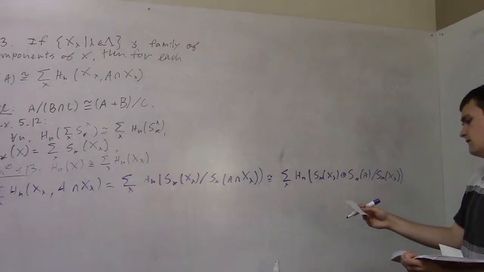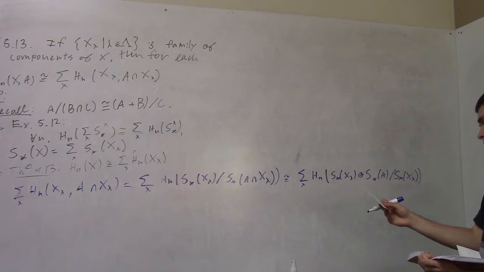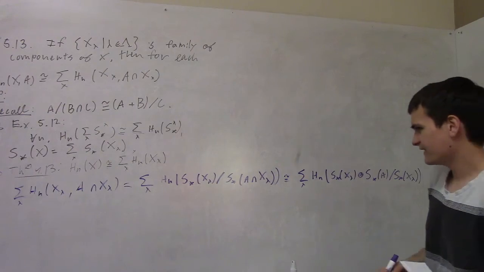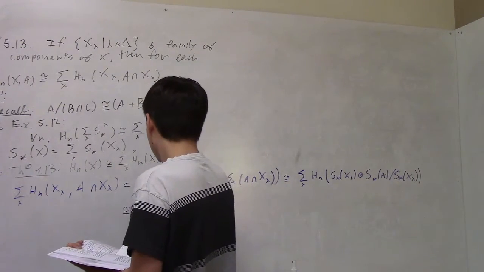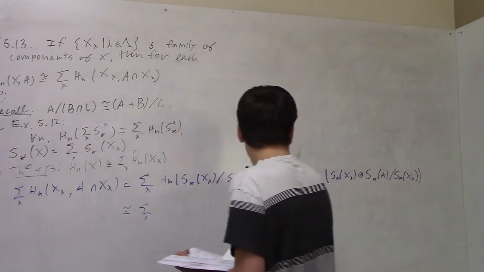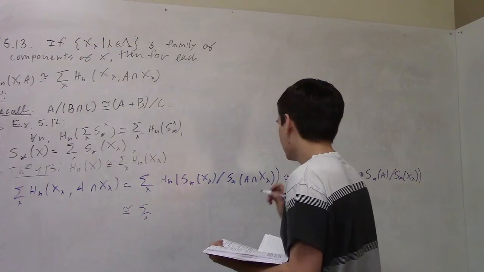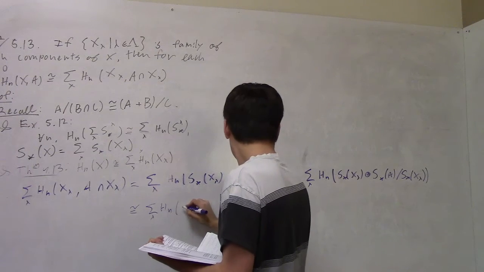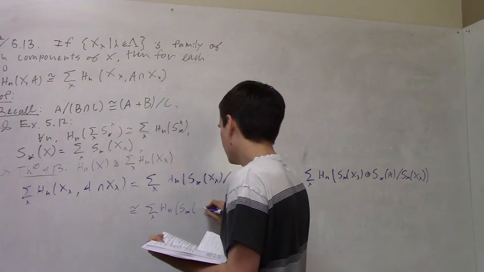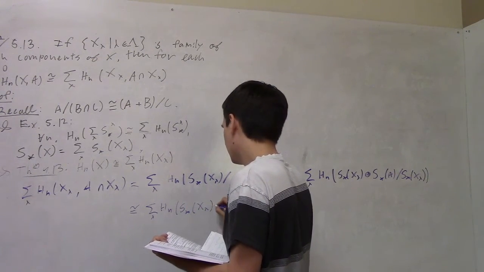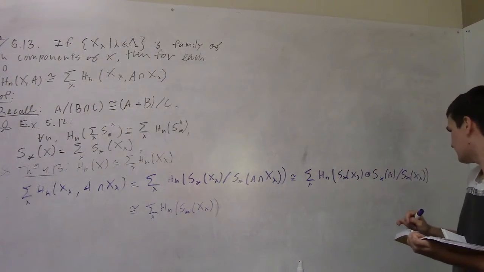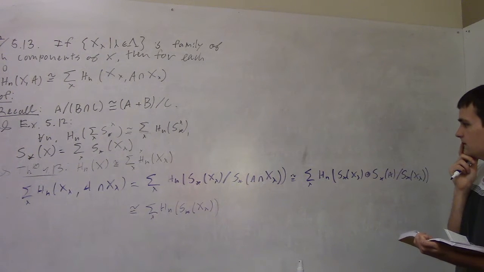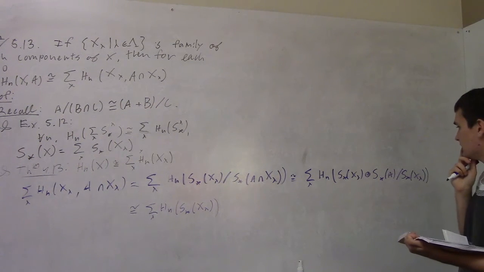Let's see here. And I guess you could argue that that's isomorphic to just, I might be missing something here, path components, right? Because, no wait, that's not right. I'm not sure yet. That wouldn't make sense.